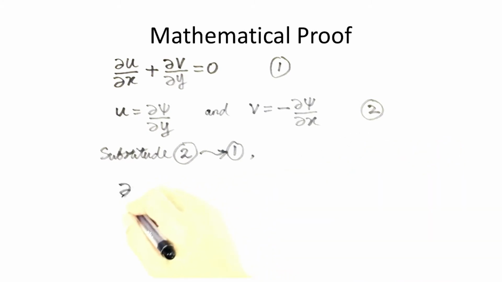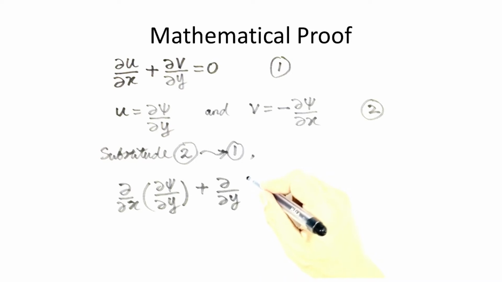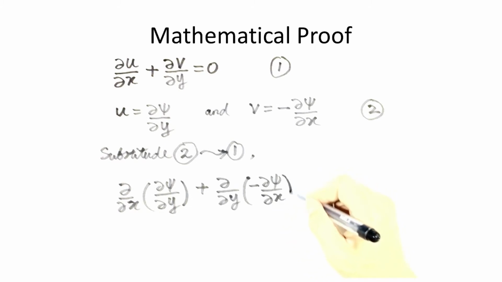So we have ∂/∂x times ∂ψ/∂y plus ∂/∂y times negative ∂ψ/∂x equals 0.